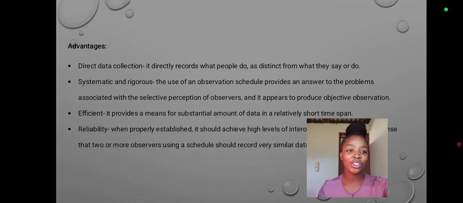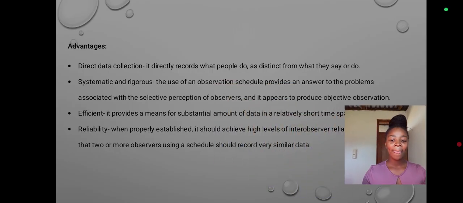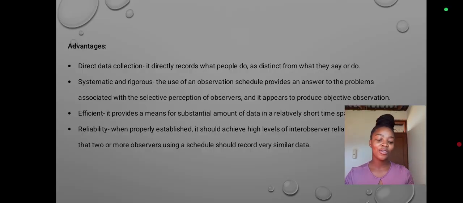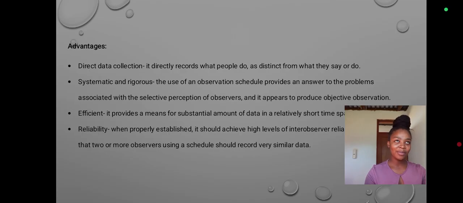Thirdly, efficiency. It provides a means for collecting substantial amounts of data in a relatively short time span. And also reliability. When properly established, it should achieve high levels of inter-observer reliability, in the sense that two or more observers using a schedule could record very similar data.